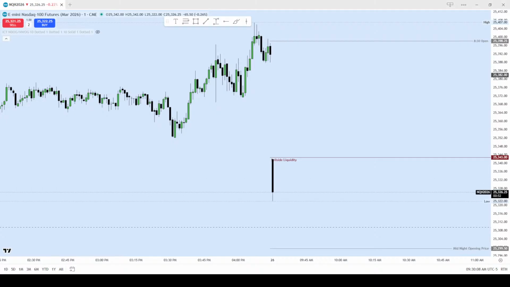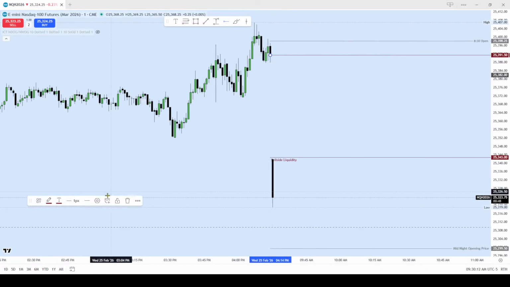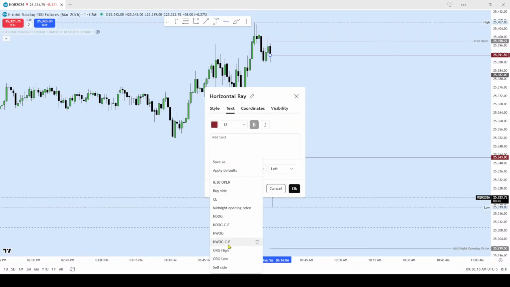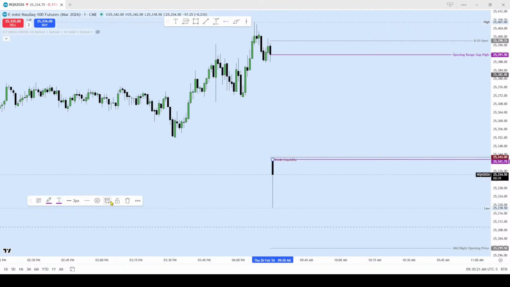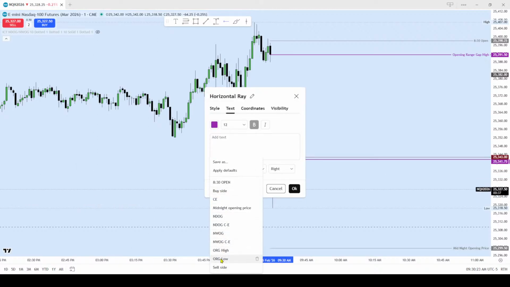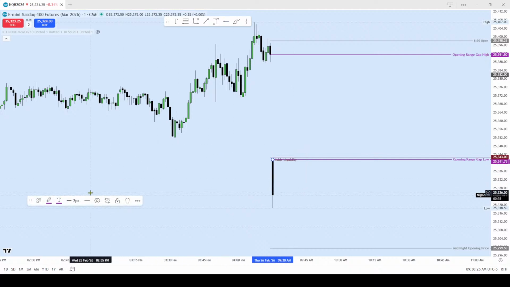Right, so we have the opening bell here. So now let me mark up my opening range gap. We have the close of yesterday being here, opening range gap high, and then we would have the opening range gap low coming in here for today's opening price. And of course, we want to get the different quadrants.